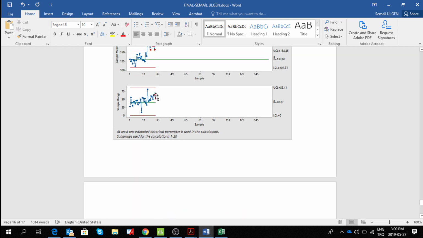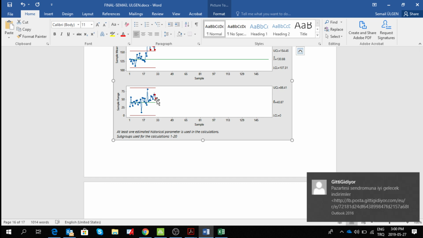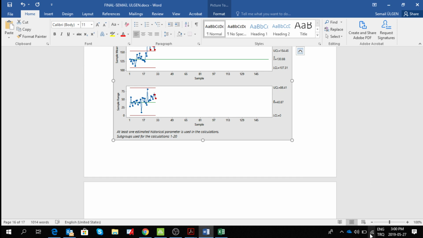So you see these 2 red points in here. That's where the test failed.